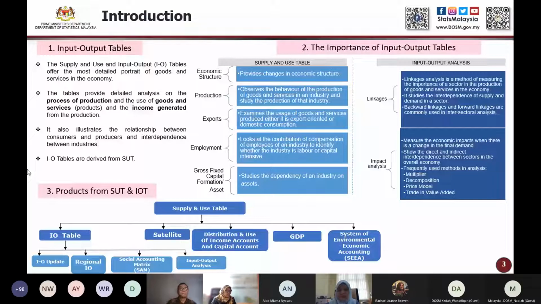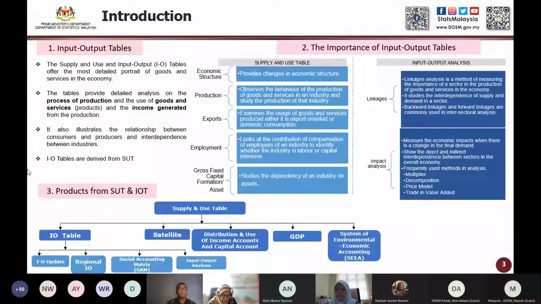For the export component, we can examine the use of goods and services, whether the product is export oriented or for domestic consumption. From SUT also, we can look at the composition of employees of the industry to identify whether the industry is labor or capital intensive. And for gross fixed capital formation, we can study the dependency of an industry on assets.